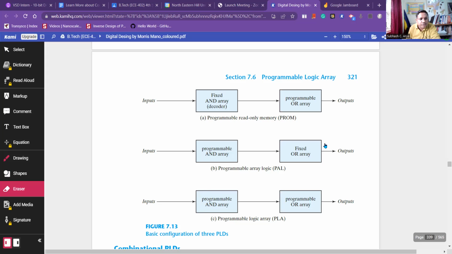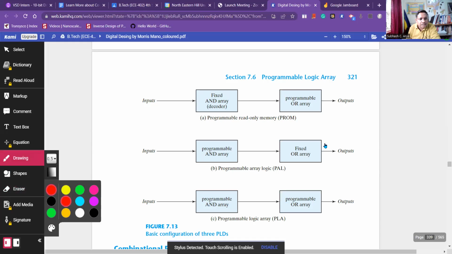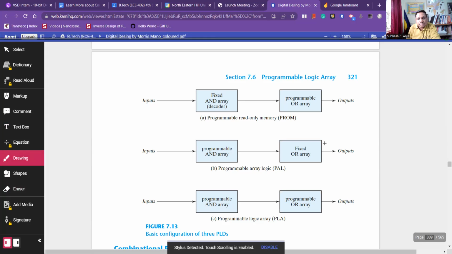So far as programmable logic devices are concerned, these are a kind of high scale integrated circuits. The circuit called programmable logic devices has three basic configurations.